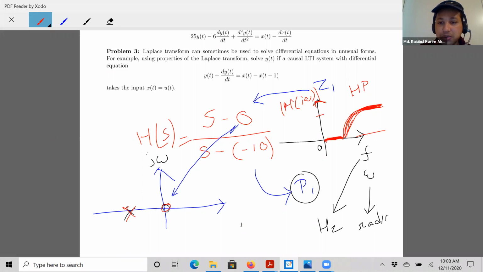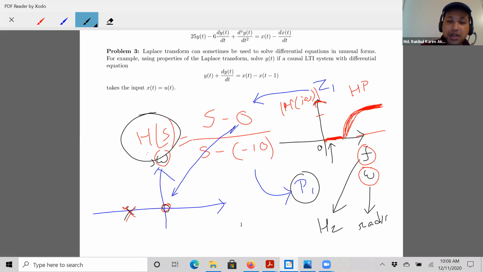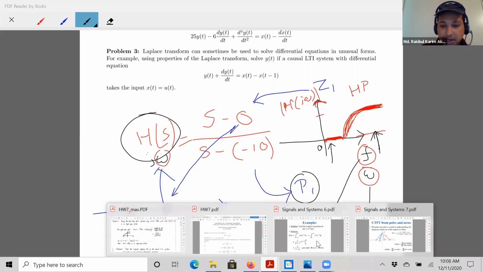So what we will do is check when omega is very small, around almost 0, what happens to this transfer function, and when omega is in this region, so much higher, what happens to this transfer function.